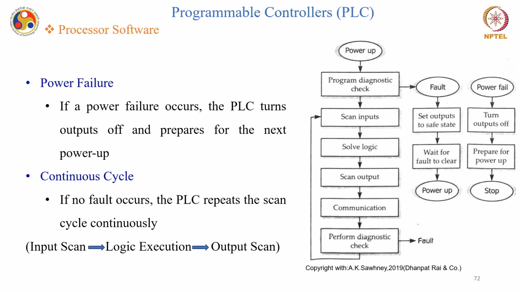In case of power failure, if this stage is itself not executed and there is a power failure, it goes into this sequence, and the PLC turns the outputs off and prepares for the next power up. Then if no faults occur, the PLC repeats the scan continuously. So you have input scan, logic execution, and output scan.